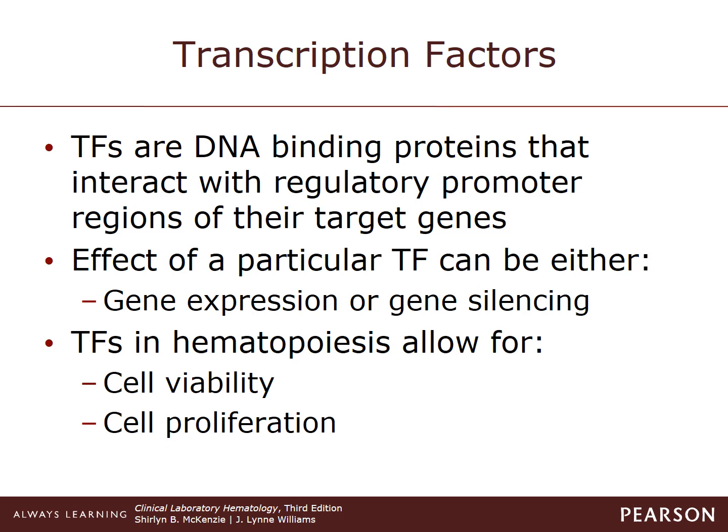The components that actually establish the pattern of gene expression are considered transcription factors. These decisions are controlled by the integrated effects of signaling pathways initiated by external cytokines and internal transcription factors. Now, transcription factors are DNA-binding proteins that interact with the regulatory promoter regions of the target genes.